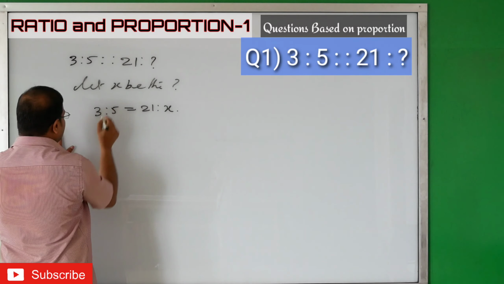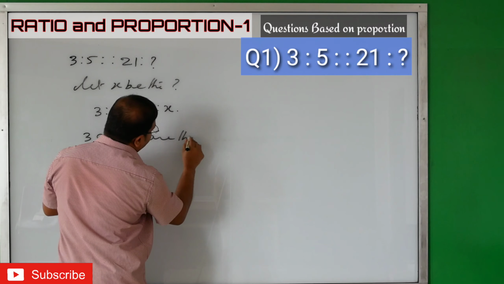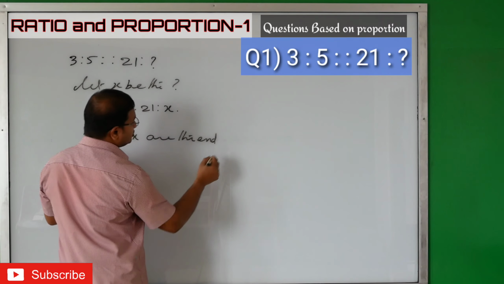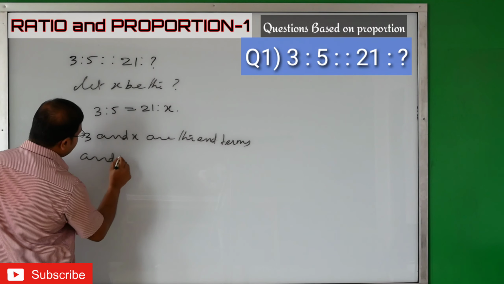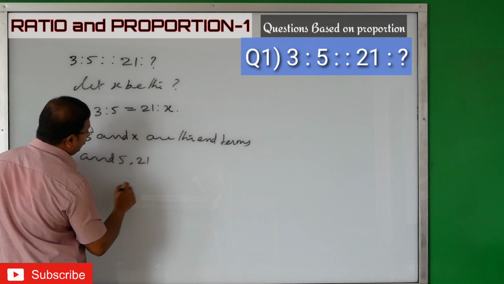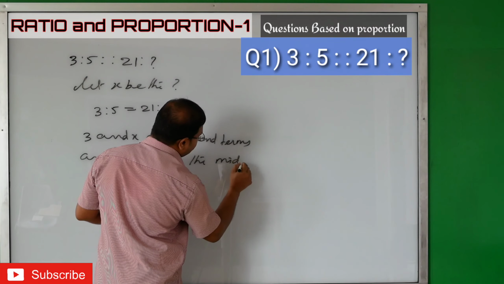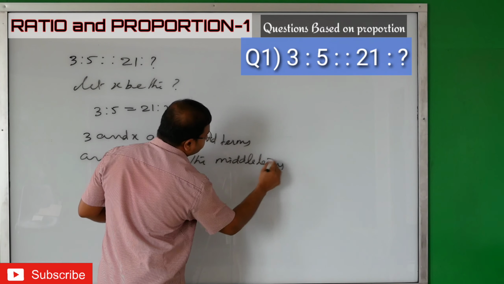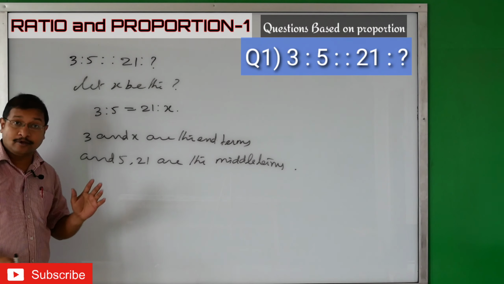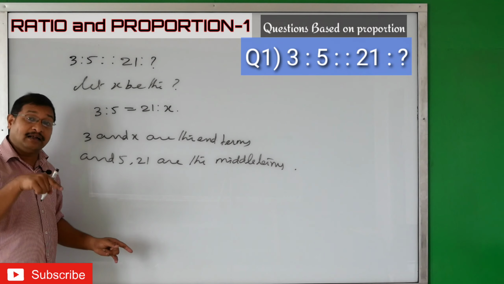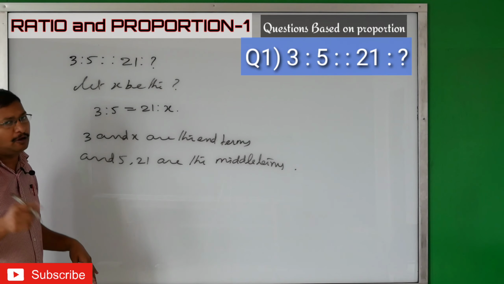That means 3 and x are the end terms and 5, 21 are the middle terms. What is the condition? Product of the middle terms equals product of the end terms.